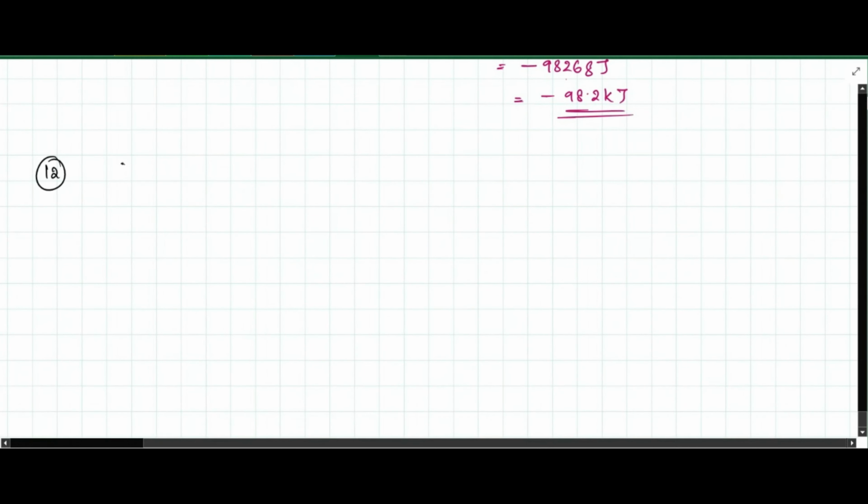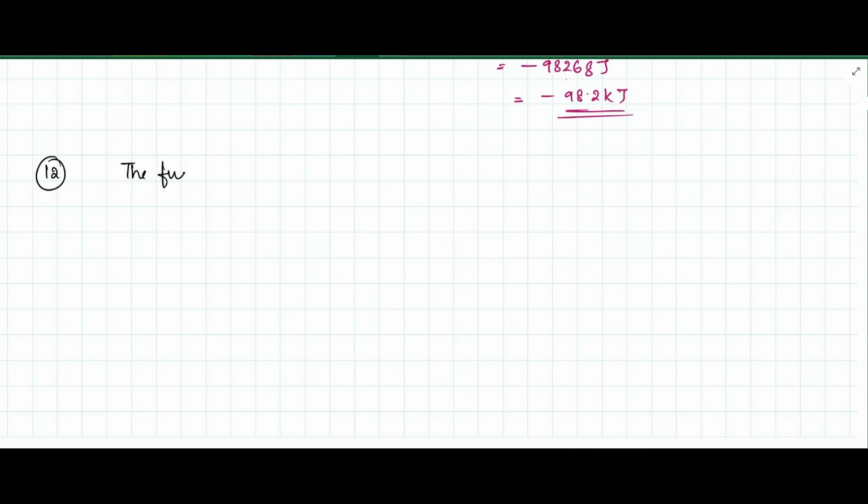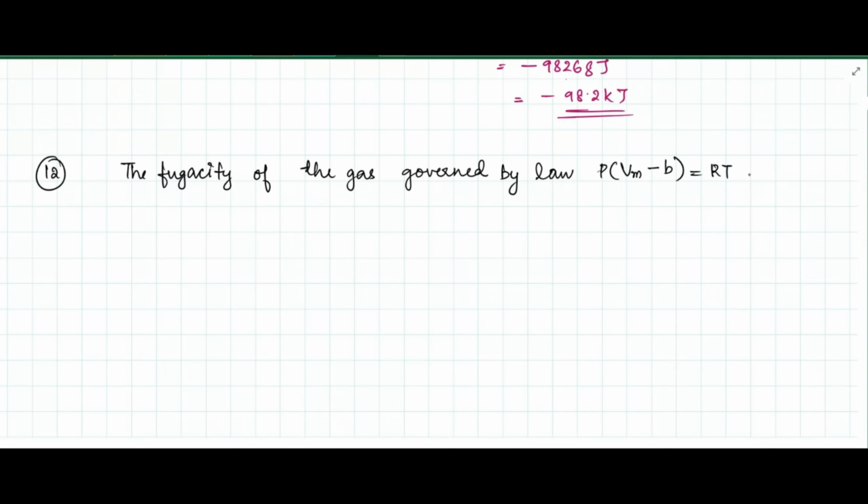The fugacity of the gas governed by the law P into Vm minus B is equal to RT is: option A, e to the power Vp by RT.